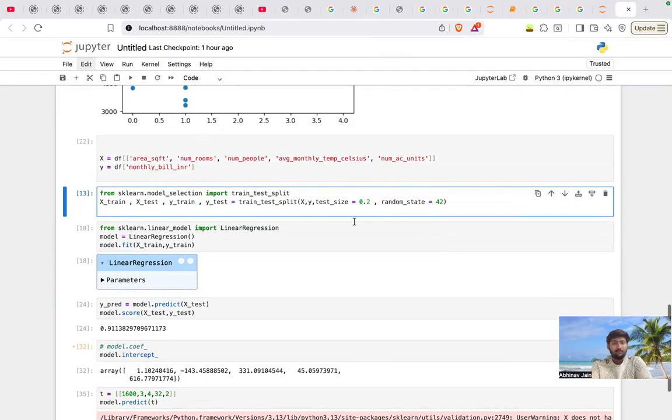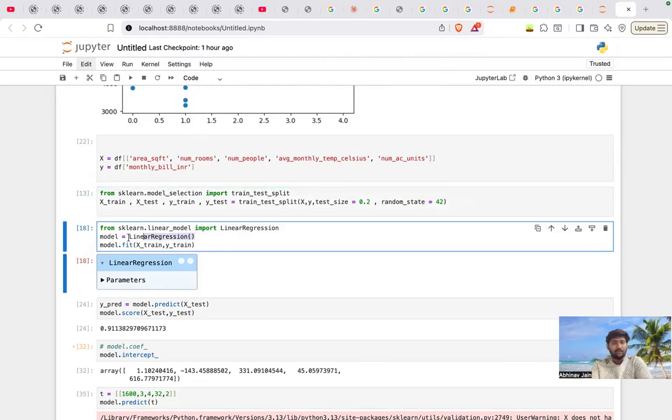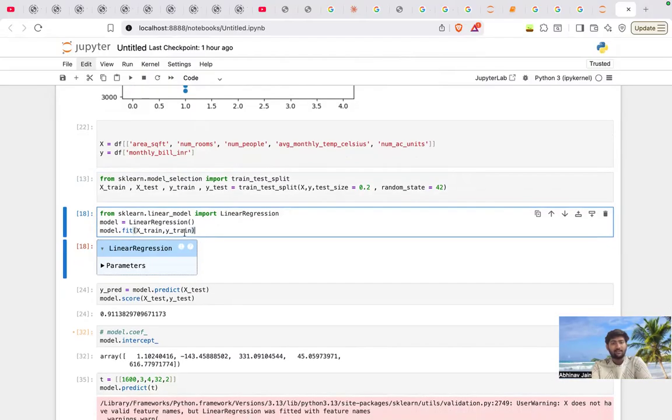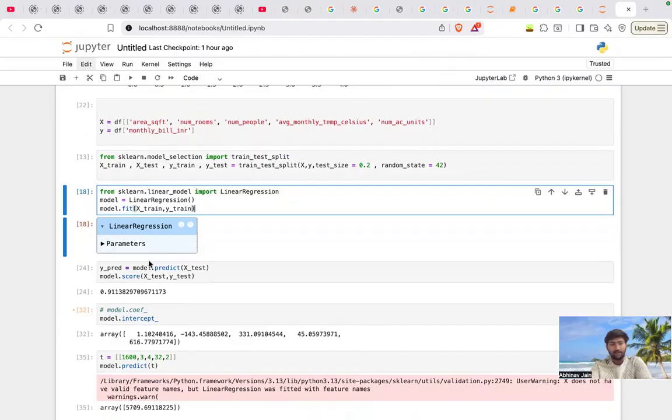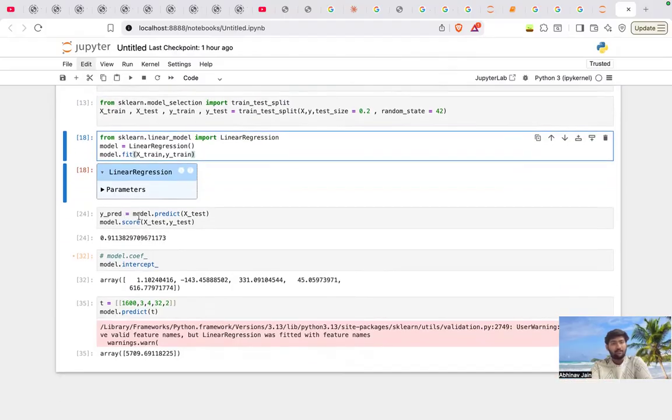Okay. We did that, and then we imported the linear regression model from sklearn.linear_model, and we defined that model instance, and then we called the fit function on x_train and y_train, and our model got trained. Then we predicted using model.predict(x_test), and then we calculated the score.